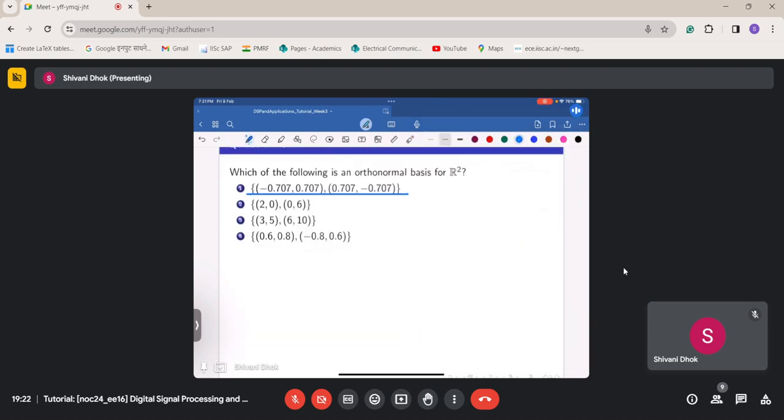Is it orthogonal? For that, let's say this is X and this is Y. So X comma Y is simply equal to, we need to do element by element multiplication and then summation. So this will be minus 0.707 into 0.707 plus 0.707 multiplied by minus 0.707.